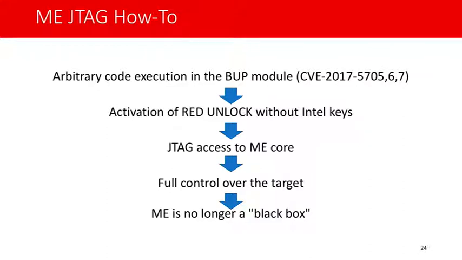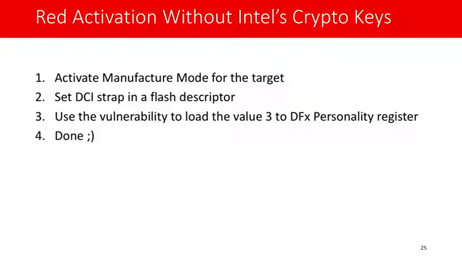And to research the internals of ME, red unlock without Intel keys may be done in 4 simple steps. First, activate manufacturing mode for the target. It is needed for DCI, and set the DCI strap in the flash descriptor. Then use the vulnerability to load value 3 into the DFX personality register.